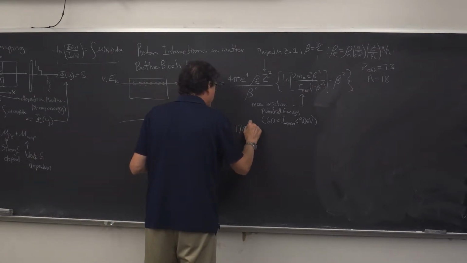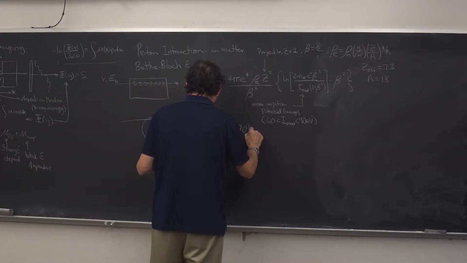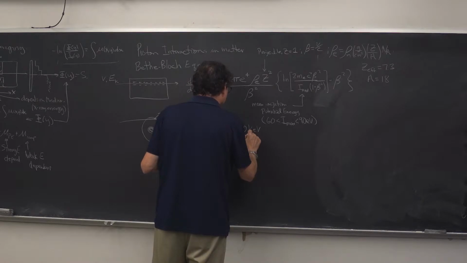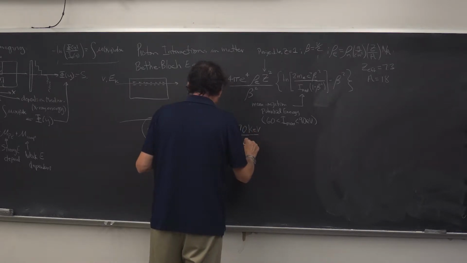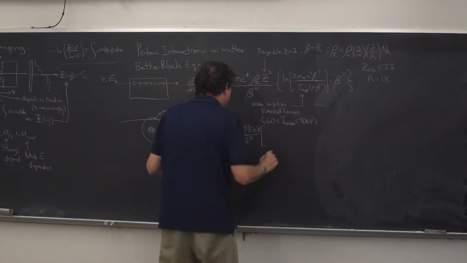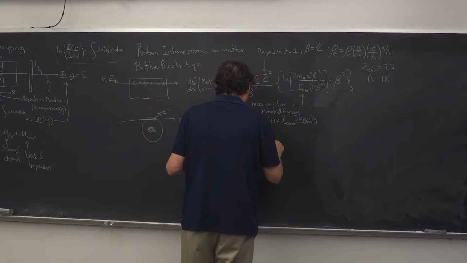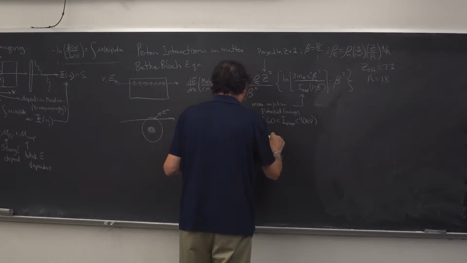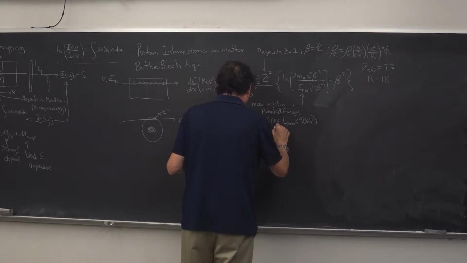It's 170 keV, divided by beta squared, times the log of the terms that we just came out with.